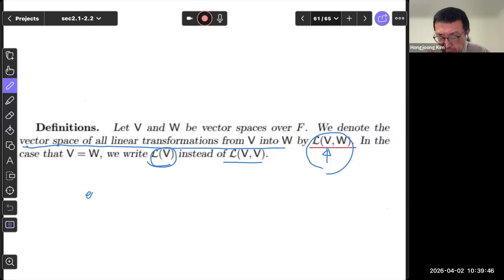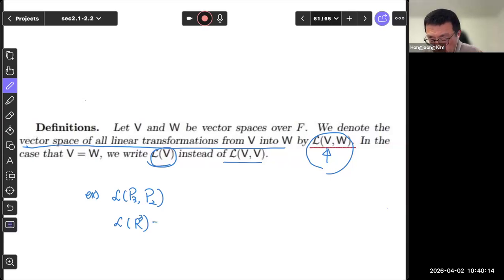As an example, if I consider L of P3 to P2, then I am considering all the linear transformations from P3 to P2. If I consider L of, say, R3, then it is the collection of all the linear transformations from R3 to R3.